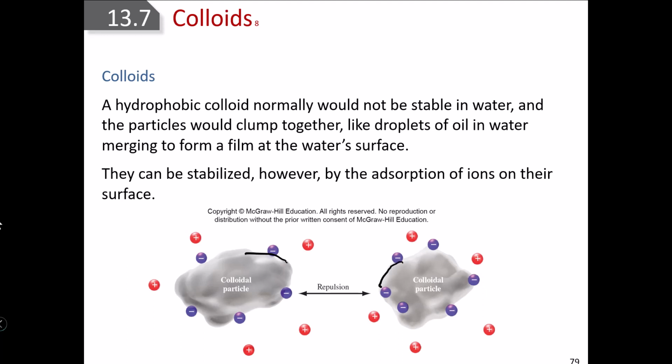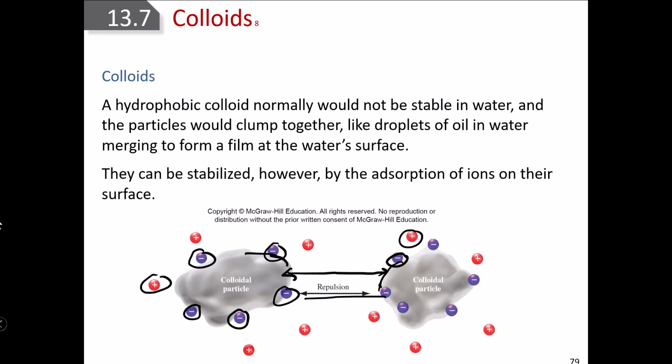And so London dispersion forces would cause these to clump together. They've got a lot of surface to them. If they come close to one another, they're going to stick and clump together. But if ions can be attached to the outside of these proteins, now we have an ion interaction, and like charges repel each other, and so these two proteins won't clump together.